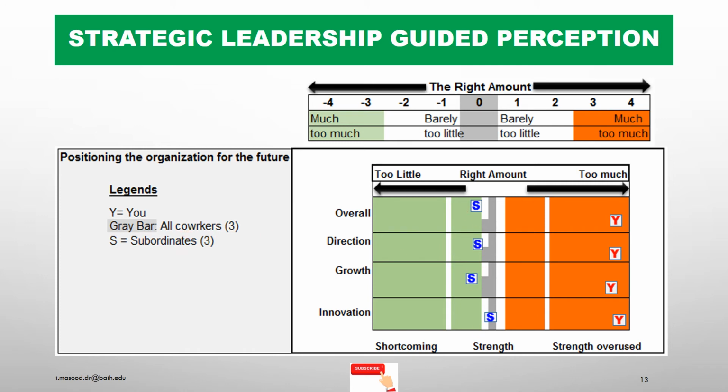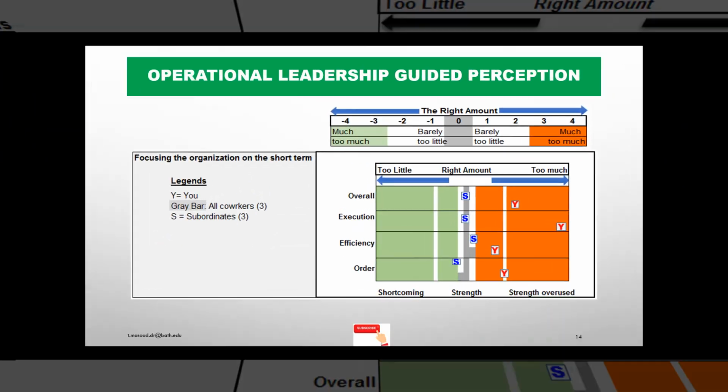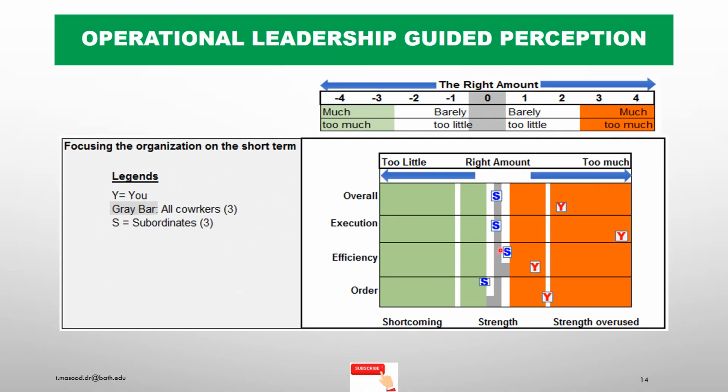In my next, the operational style here. In the operational style, as you can see, you as a leader, gray, co-workers as subordinates. So now you can see I'm using the right amount, and the subordinate co-workers stay in the middle.